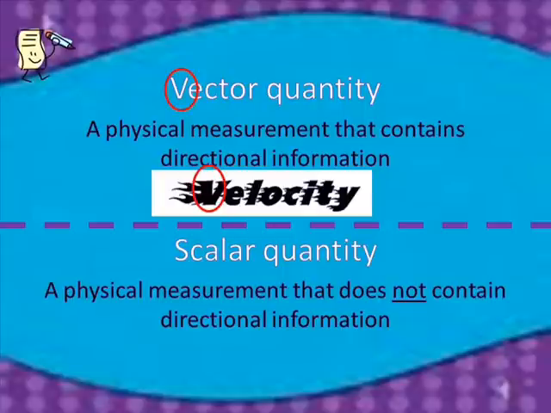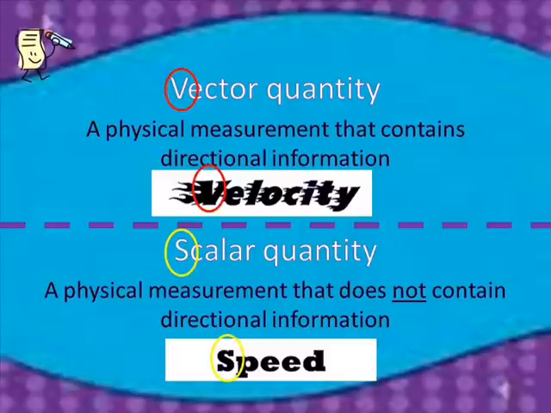So, since velocity does contain both speed and direction, it has this directional information, and therefore velocity is a vector quantity. Now, kind of a hint of how to remember that is that both velocity and vector start with a v. Now, there are other vector quantities that don't start with a v, but for what we're learning, that's sort of a helpful memory tool.